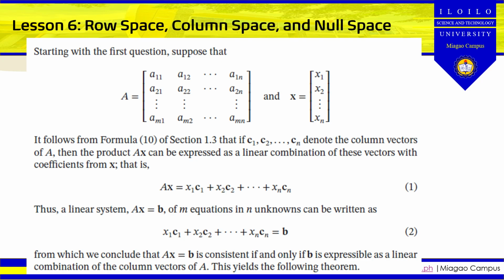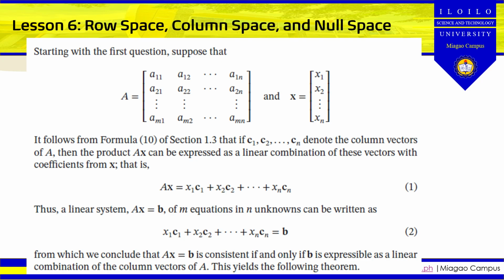Thus, a linear system Ax equals b of m equations in n unknowns can be written as x sub 1 c sub 1 plus x sub 2 c sub 2 plus up to x sub n c sub n equals b.